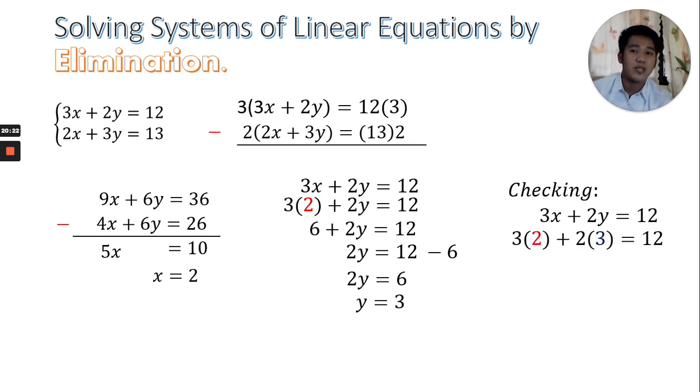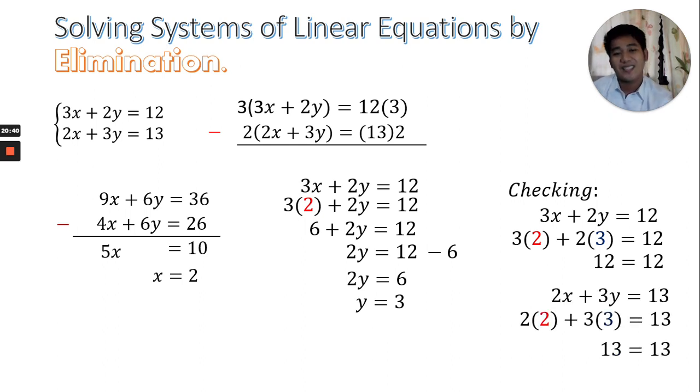If we substitute 2 and 3 to x and y, we'll get 12 is equal to 12. Therefore, we can conclude that the ordered pair 2 and 3 satisfies both of the equations. Therefore, the solution is 2 and 3.